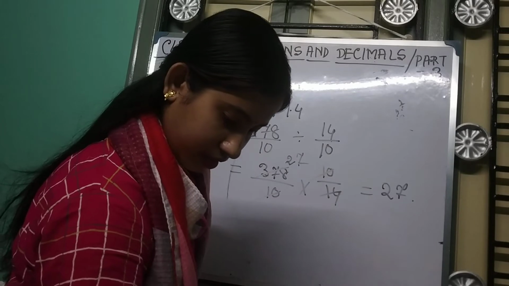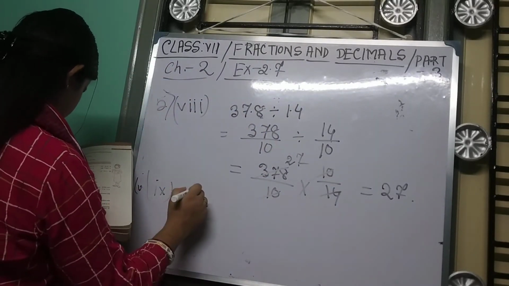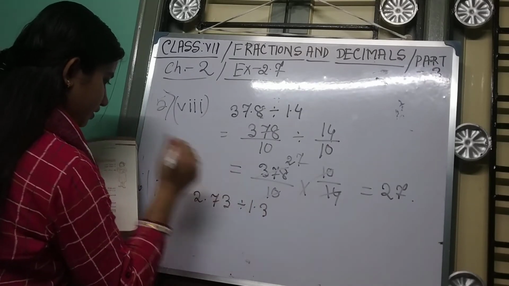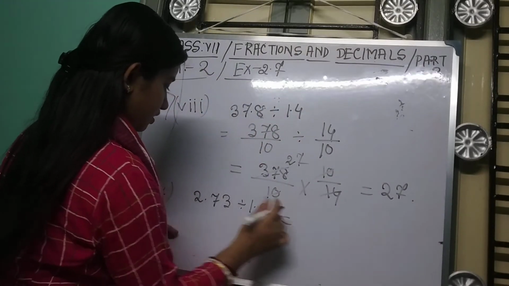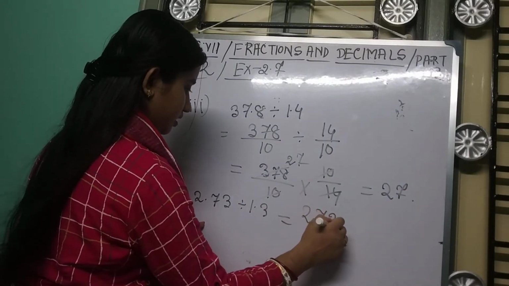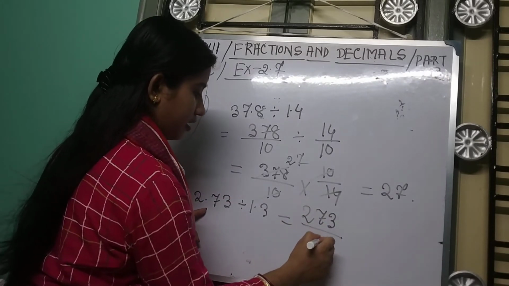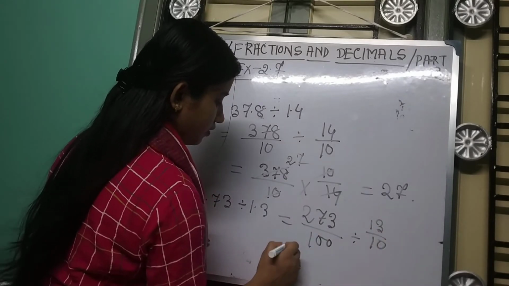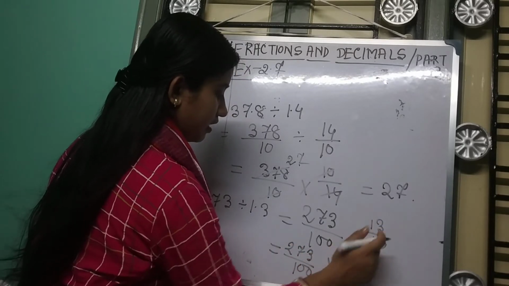Now next is number 9: 2.73 divided by 1.3. So we convert this and this into fractions. This is 273 by 100, since there are 2 numbers after the decimal, and this is divided by 10. Now we convert this into multiplication and write the reciprocal of this.